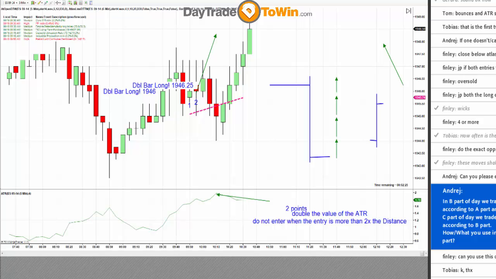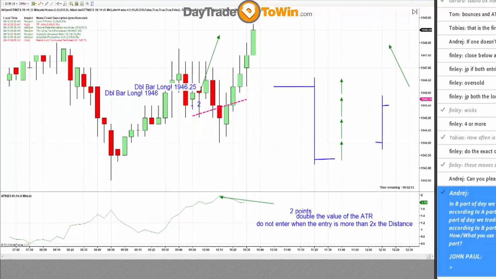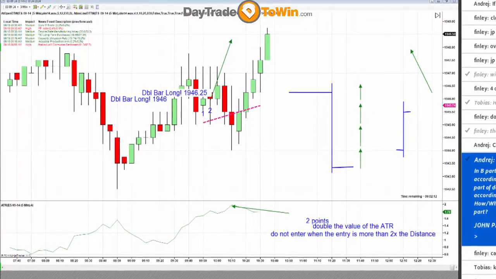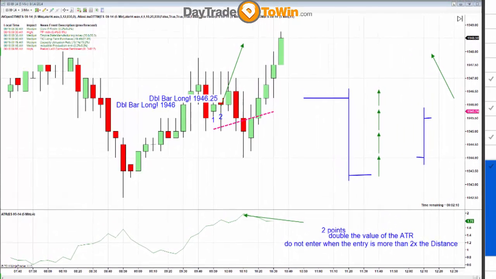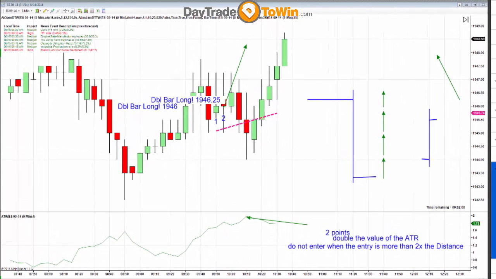Well, the A part of the day is where you have a lot of opportunities, and you have to either look at a breakout, you have to look at whether or not there's news, you have to look at some type of scalping, trade scalper, or the Atlas line. So you can't look at the A without looking at something else prior to it.